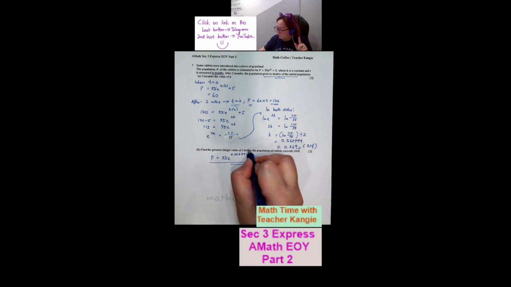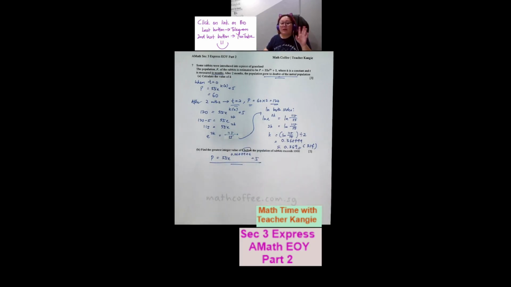Before means I want it to be less than 1000. So for my population to be less than 1000, I will do 55 e^(0.368799t) plus 5 less than 1000. So I'm supposed to solve for t.